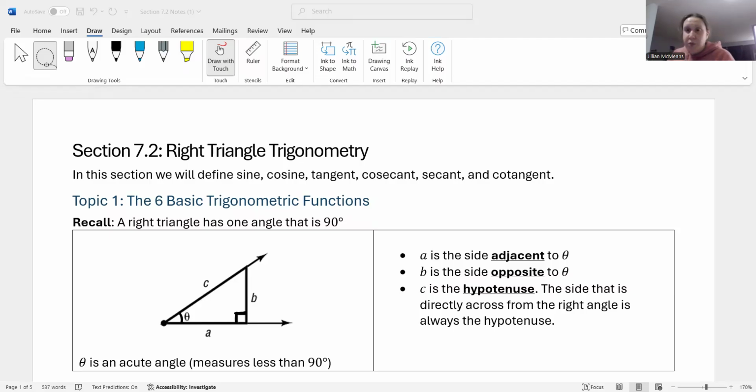Okay, for section 7.2, we're going to start looking into right triangle trigonometry. And if you were to Google the definition, what is trigonometry, you would get some kind of generic definition like this.